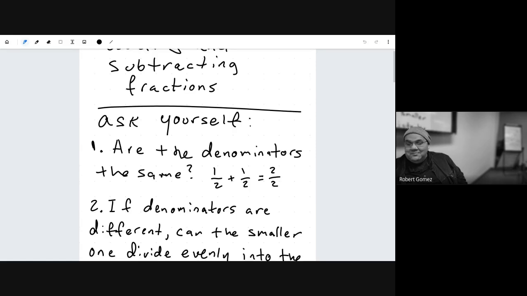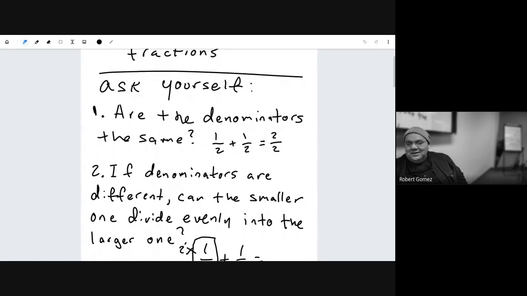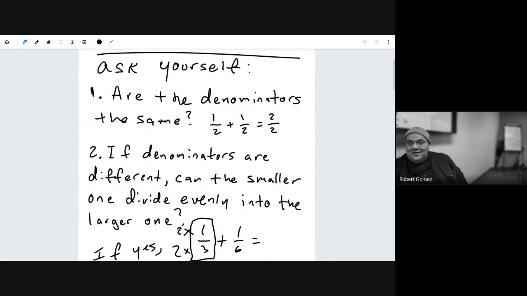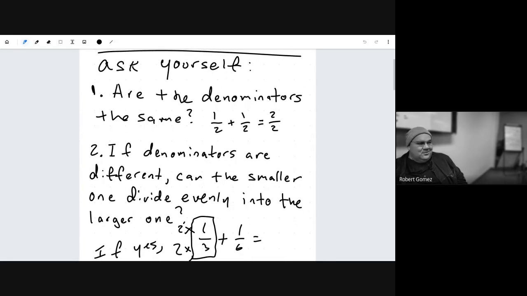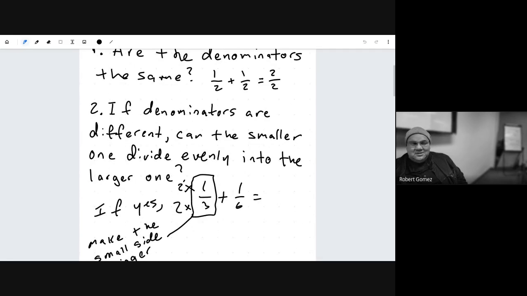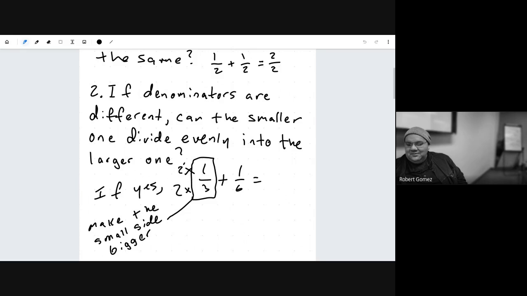Now, medium mode is when you ask yourself, are the denominators the same, and the answer is no. Then we take the next step. If the denominators are different, can the smaller number divide evenly into the larger one? We have an example here: 1/3 plus 1/6.